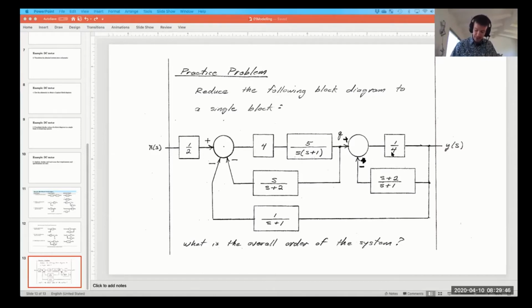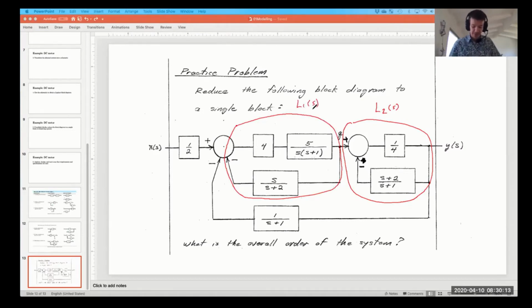So first off, I see that there are nested feedback loops. There is a loop here, which I'm going to call loop 2. And there is a loop here, which I'm going to call loop 1.